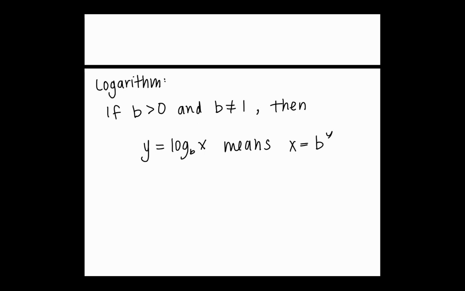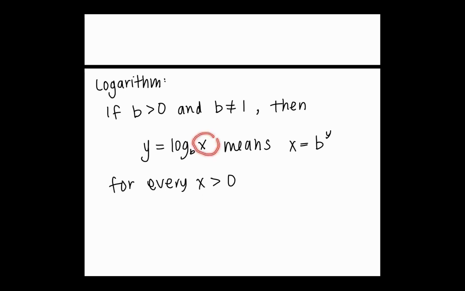So if I have x equals b to the y, and I'm trying to solve for y, it's going to be a logarithm. So I've got y equals log base b of x means x equals b to the y, for every x greater than 0.